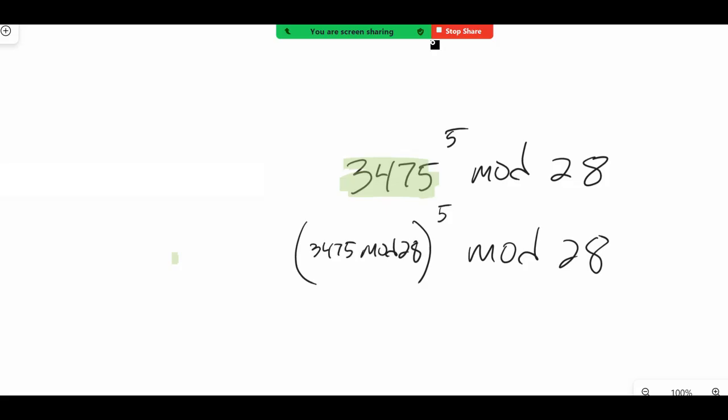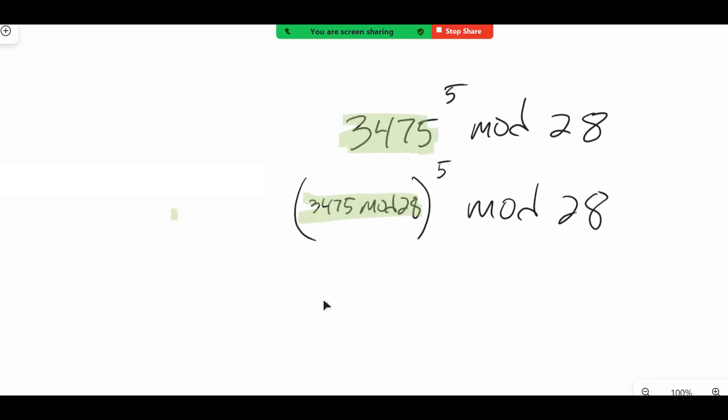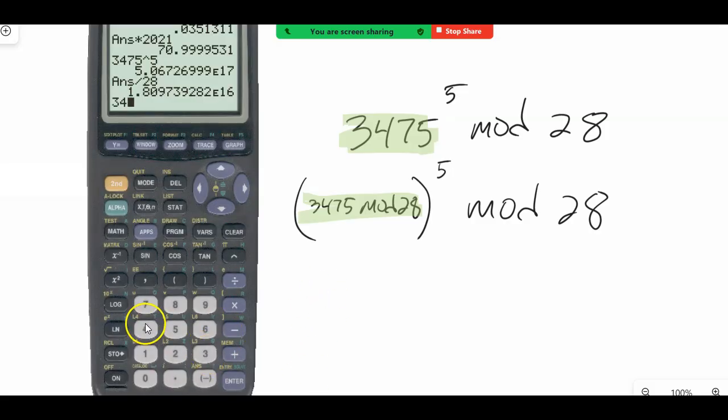So we apply the mod 28 to the base that's to the exponent. 3475 divide by 28. Subtract the whole number. Multiply by 28. It's 3.